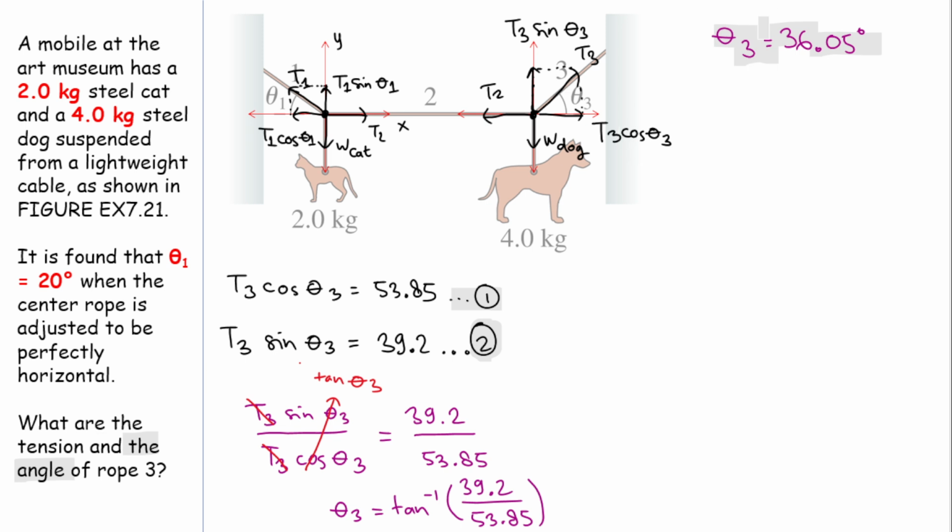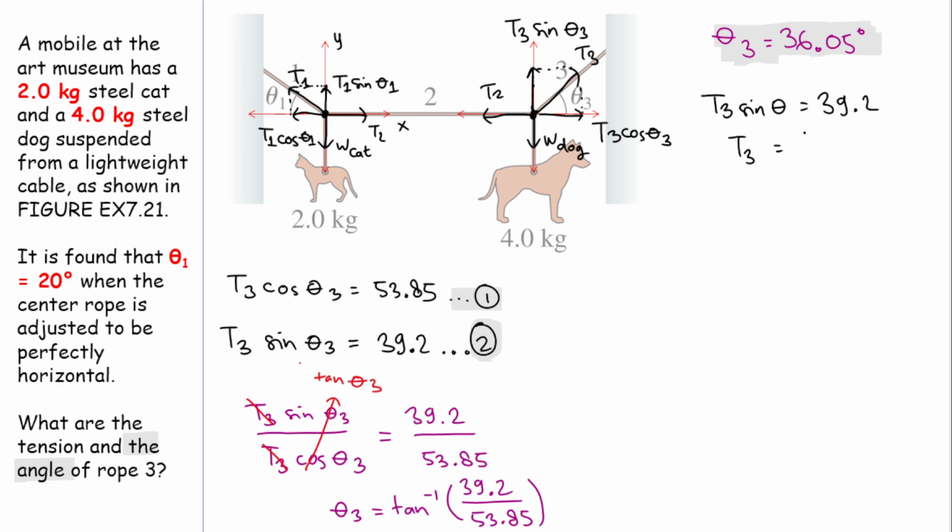And then it is asking us for the tension. We can plug this into equation 1 or equation 2, which I will do exactly. So I will have T3 sine theta. Remember that T3 sine theta is equal to 39.2, and so we can isolate that.